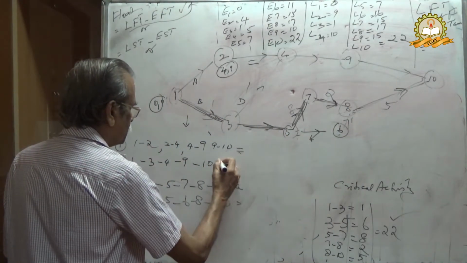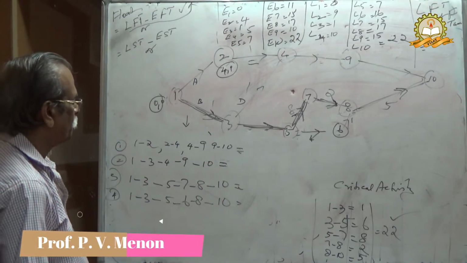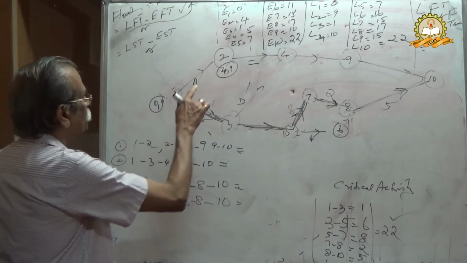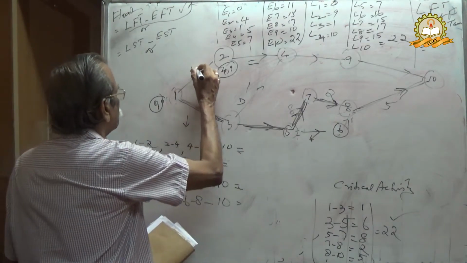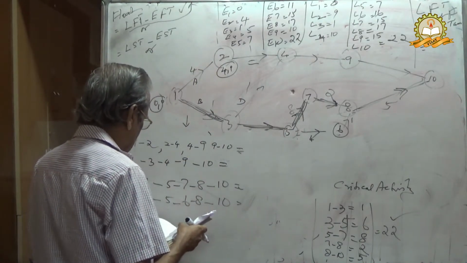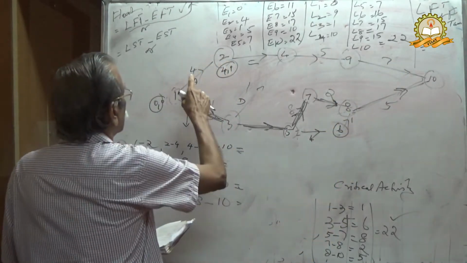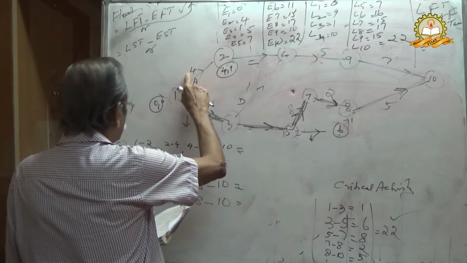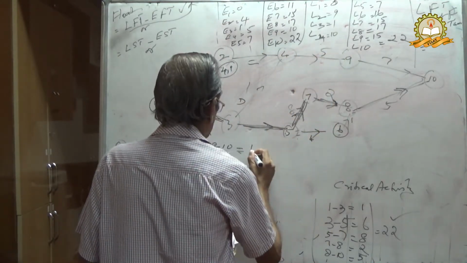You can calculate the duration. For 1 to 2, 4 hours or 4 months, then here it is 5, here it is 7. Therefore, 4, 5, 10, 17.